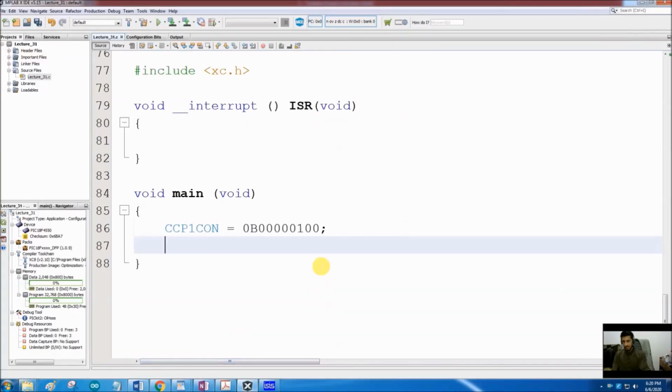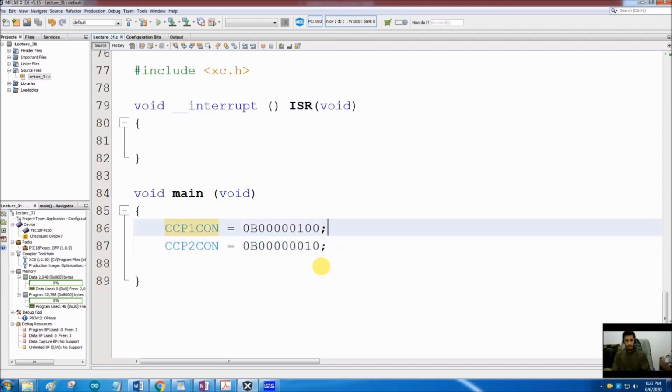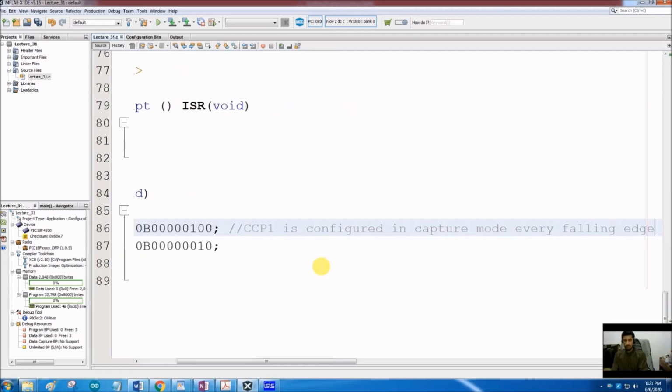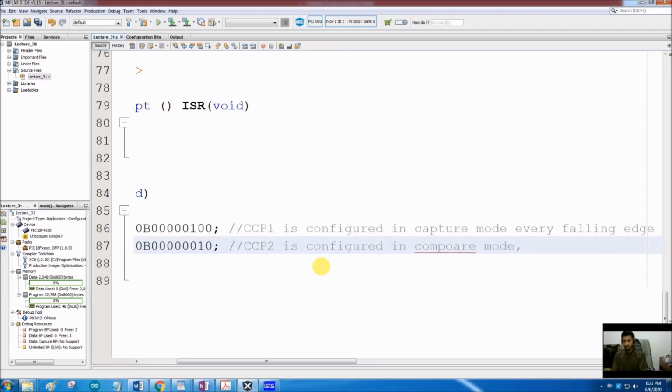So CCP2CON is equal to 0b00000010. Now CCP1 is configured as capture mode, every falling edge, and CCP2 is configured in compare mode, toggle output.